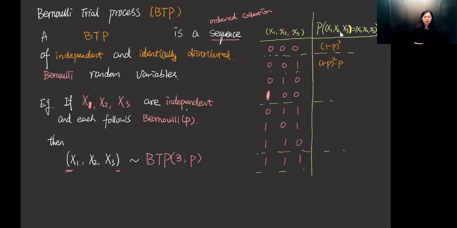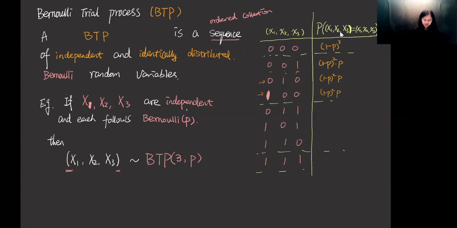So that is the probability for the second outcome. And because the 3 variables are symmetric, they are identically distributed, so the next 2 outcomes also have the same probability: 1 minus p squared times p, and 1 minus p squared times p.